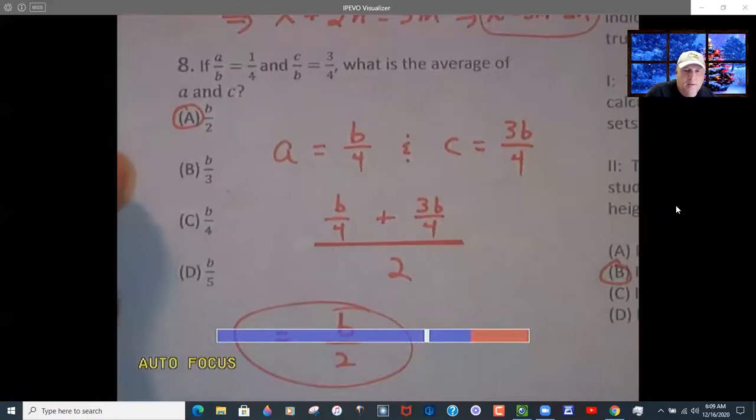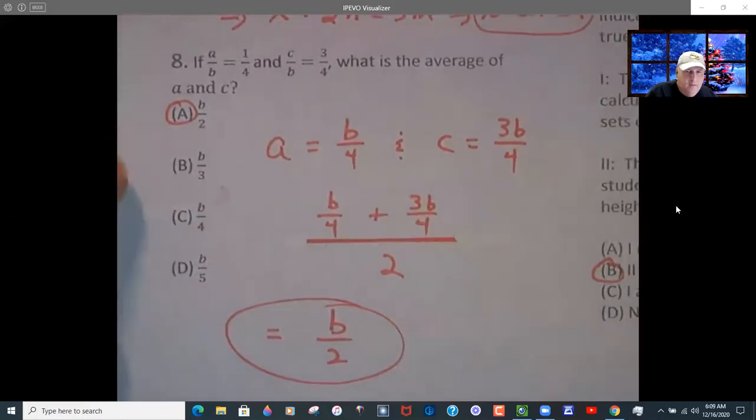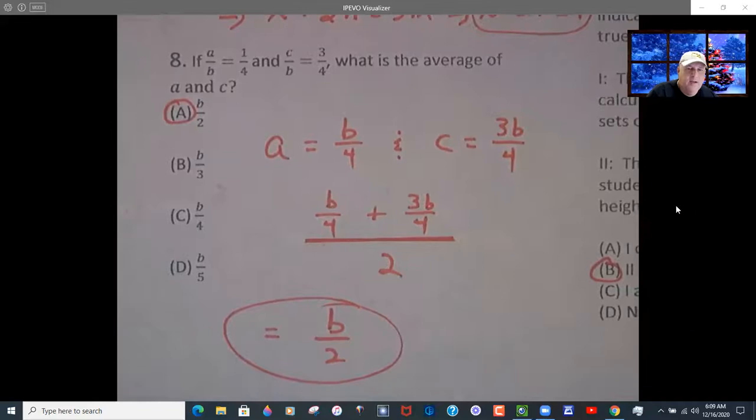They love getting rid of denominators. They obsess over that. Then we average these two. So this works out being 4B over 4 on the top, which is 1B, I meant to say. So the top ends up being just B. So 1/4 plus 3/4 B is 4/4 B, which is 1B over 2.